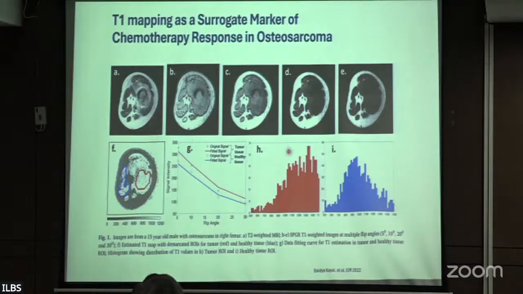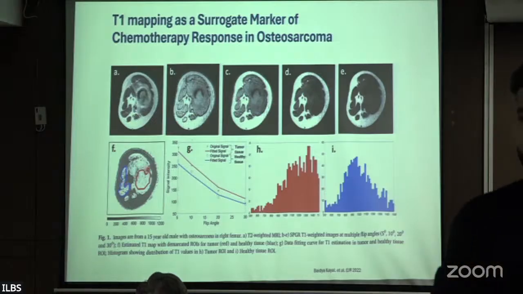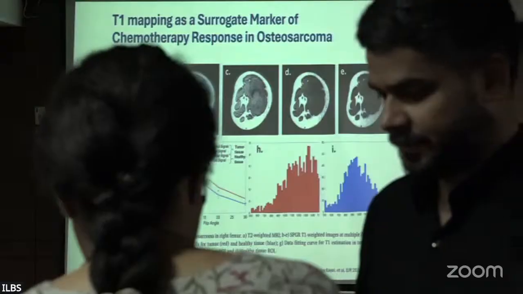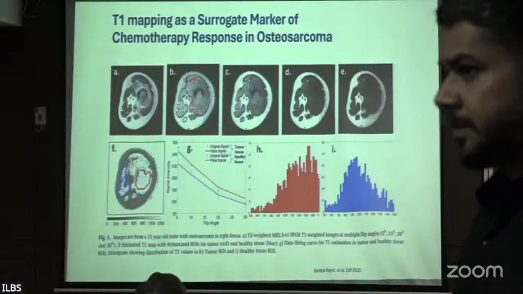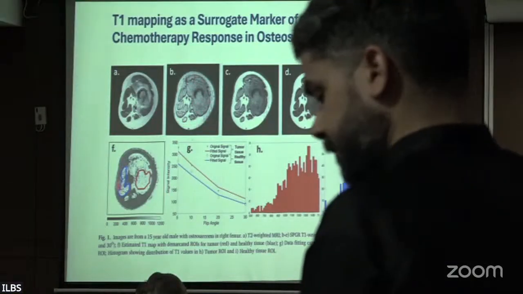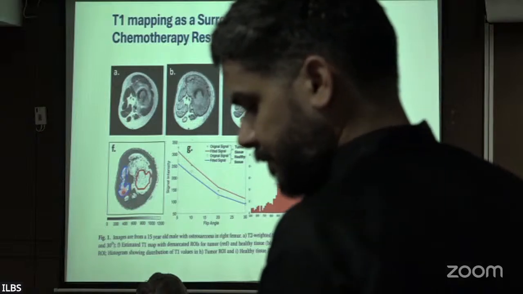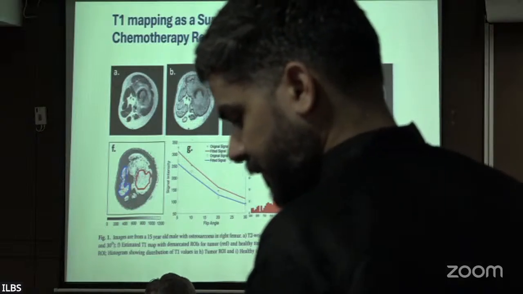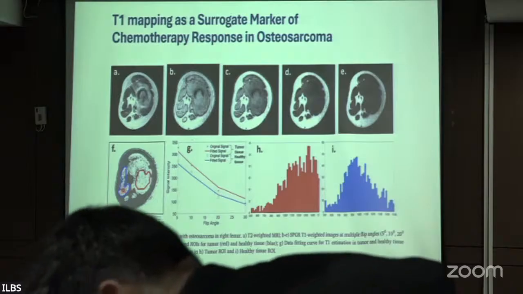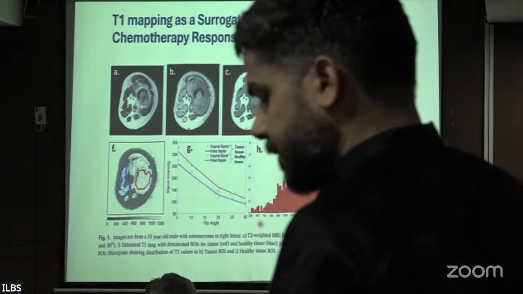This is a cross-sectional image of the thigh, in the extremity, where the red outline is the tumor part. Here the tumor part is here, and these are all healthy tissue. The intensity profile means how the intensity values are distributed.